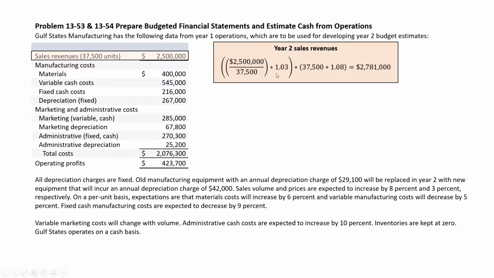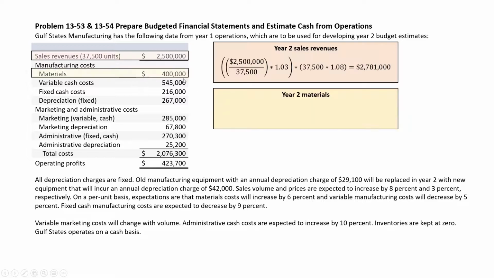I can either multiply this times 103% or 1.03, same difference. Take the selling price per unit times the number of units I expect to sell. Again, last year I sold 37,500. I'm expecting to increase that by 8%. So I can multiply it times 108% or 1.08. Again, that would get me the same calculation: year two sales are expected to be 2,781,000.